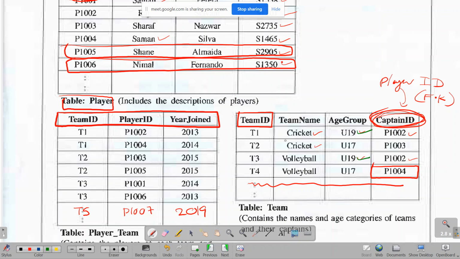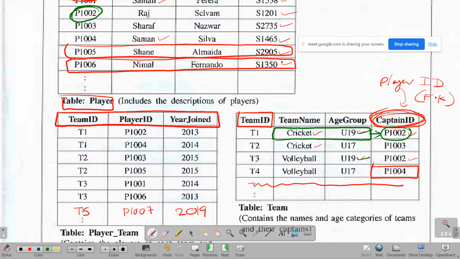Since the team name is cricket, we choose this. And we can see the captain ID over here, which is P1002. From that, we are going to capture what is P1002. And we define it's Raj Selvam, right?